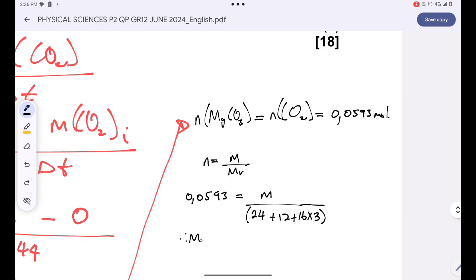Hence the mass will simply be 0.0593 multiplied by the sum of 24 plus 12 plus 16 times 3. This will give me an answer of 4.98 grams.